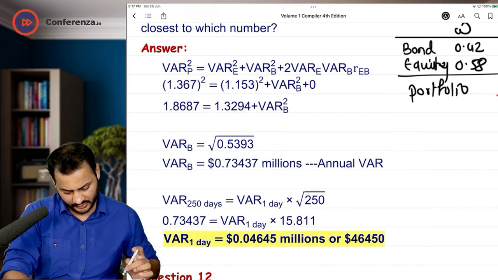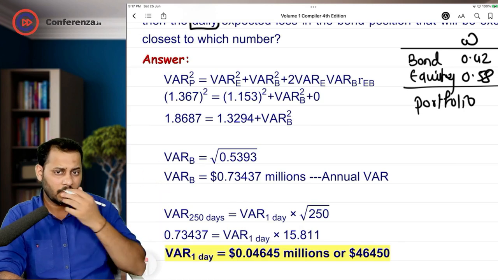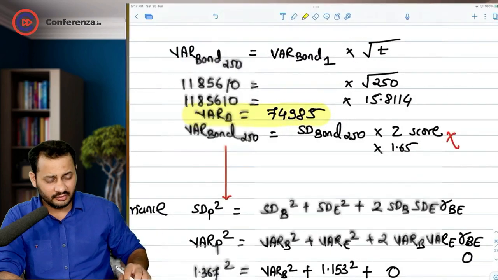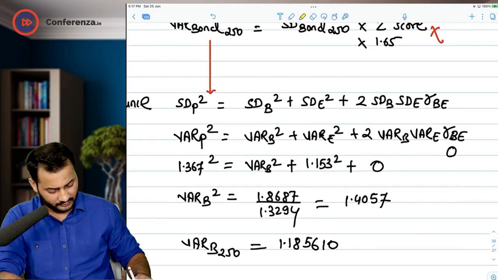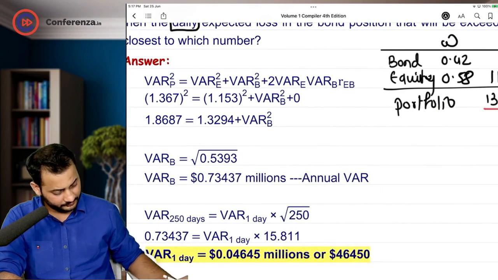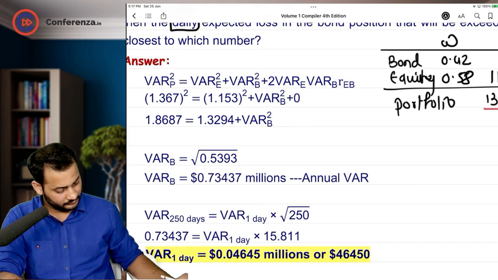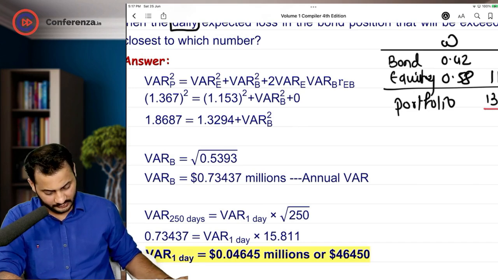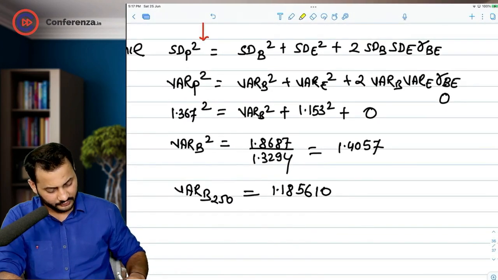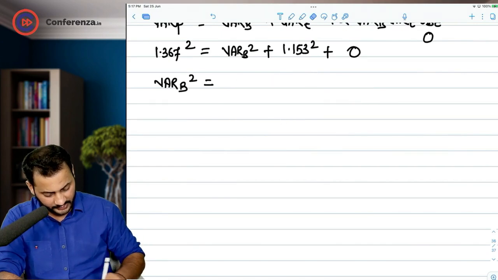I think we have made some mistake somewhere. Acha, in the calculation of this itself. 1.153, 1.153. Let me just find out. 1.3294, 1.8687. So what did we do wrong? 1.8687. Okay, we will have to deduct, so we were wrong at this point.